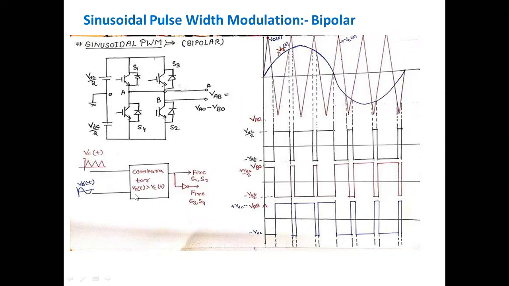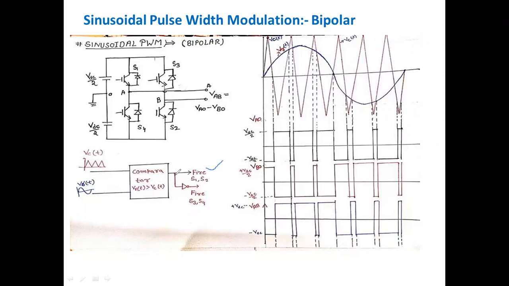If the reference signal is greater than the carrier signal, listen carefully from here, this is the modeling of your comparator. The modeling of the comparator is such that if the reference signal is greater than the carrier signal, then fire the switches S1 and S2. Okay. If your carrier signal is smaller than the reference signal, then you will fire S1 and S2.